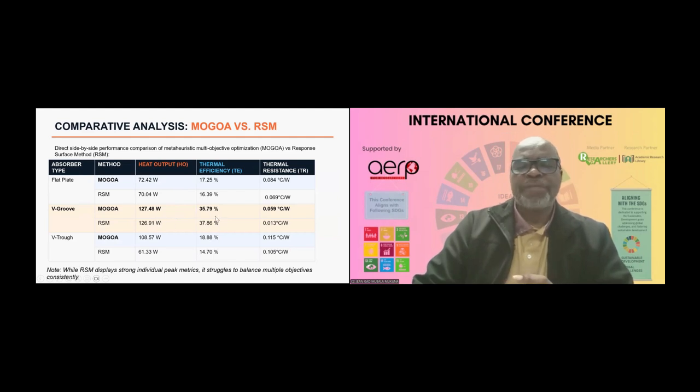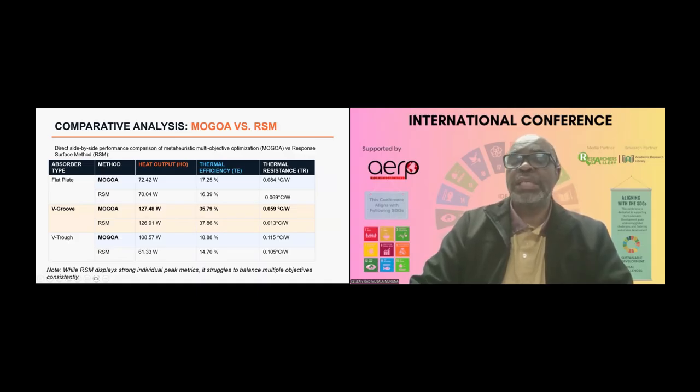But when we compare, for example, the efficiency of the Grasshopper and RSM, it seems like the RSM is performing better. And when we compare the resistance as well, it seems like the RSM is performing better because the thermal resistance should be minimized.